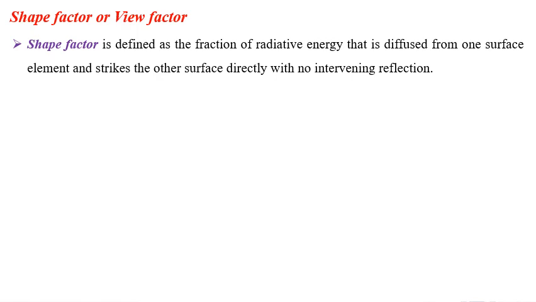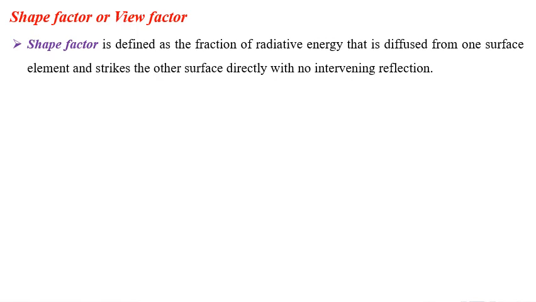It can be called by any such name. It is purely a function of the geometry of two surfaces, the orientation of one surface with respect to the other surface, and the space between the two radiating surfaces. So it is independent of surface properties and temperatures.